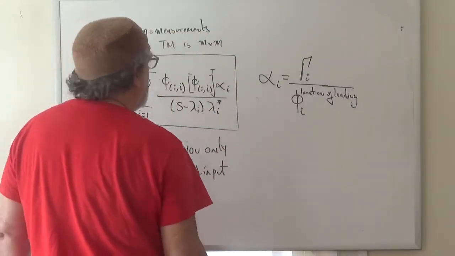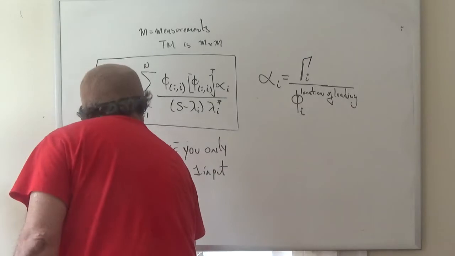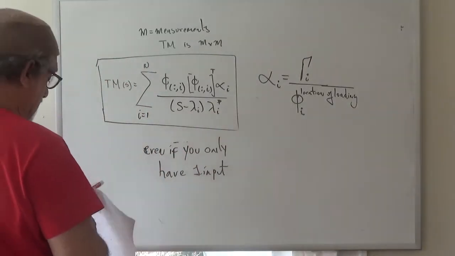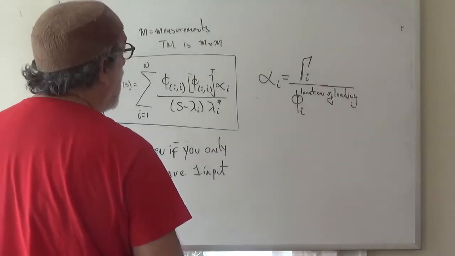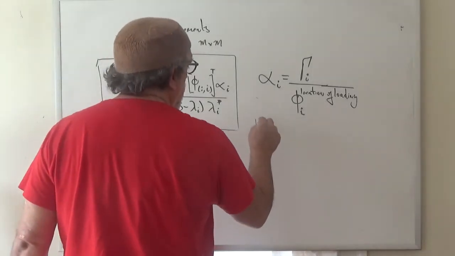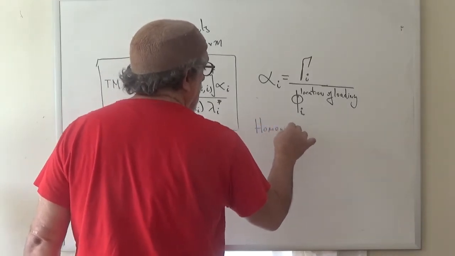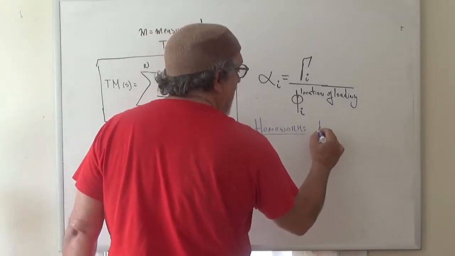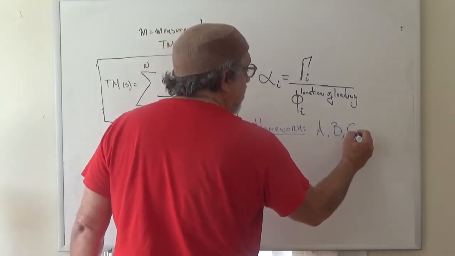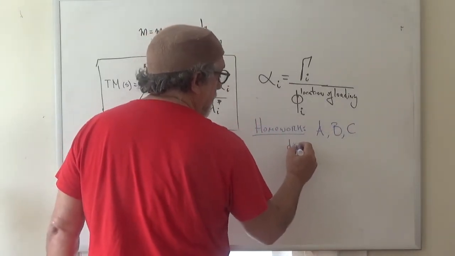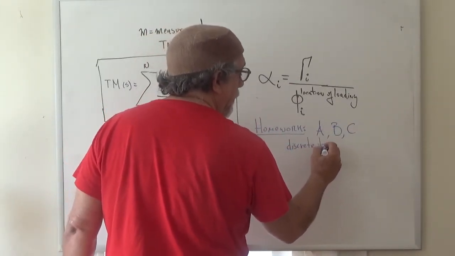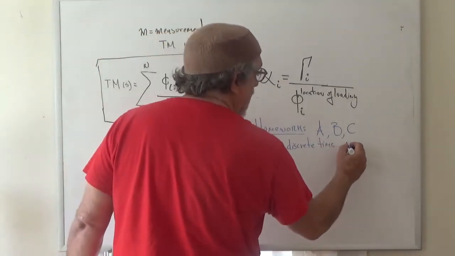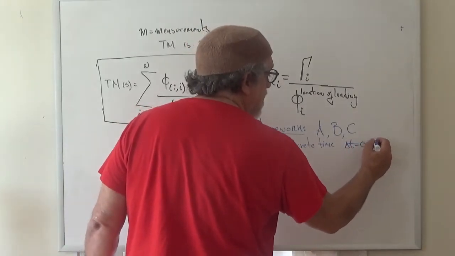Now, in the homework, I have given you matrices A, B, C. Okay? So, let me refer to the homework. In the homework, I have given you matrices A, B, C in discrete time, and the time step is 0.02 seconds.